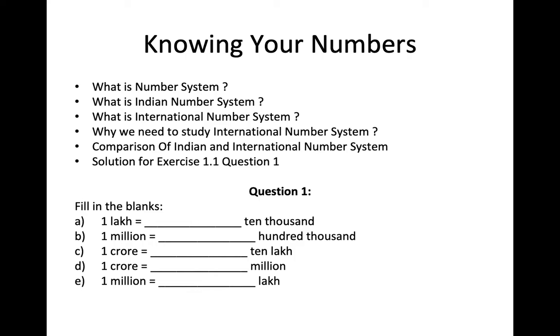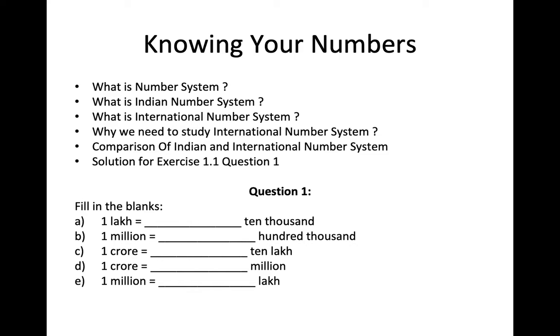So first of all, you need to know what is the number system. A number system is a way we read a combination of digits. For example, in English you have alphabets, and a combination of alphabets makes a word. So how you read the combination of the alphabet is the word.